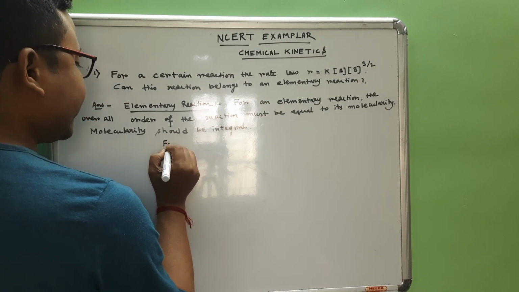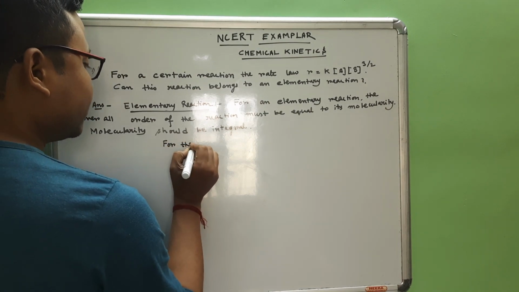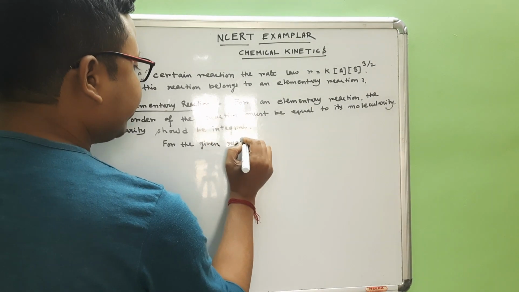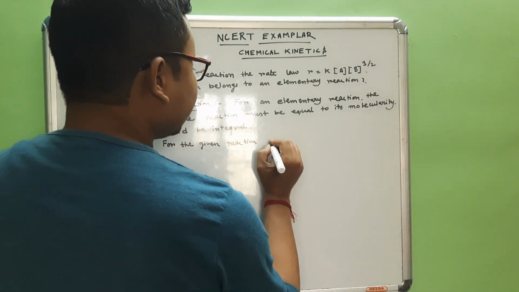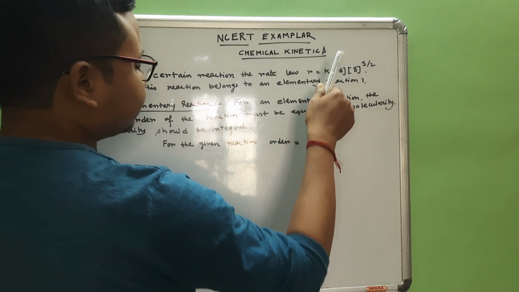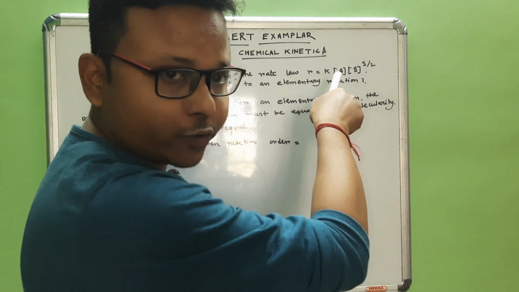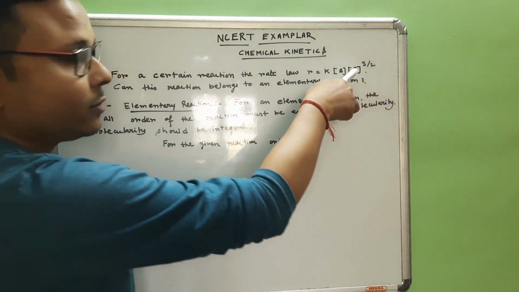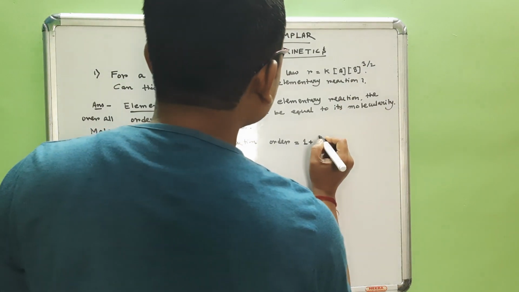So for the given reaction, what will be the order? The order is the power of the concentration of A raised to 1 and the power of the concentration of B raised to 3 by 2.